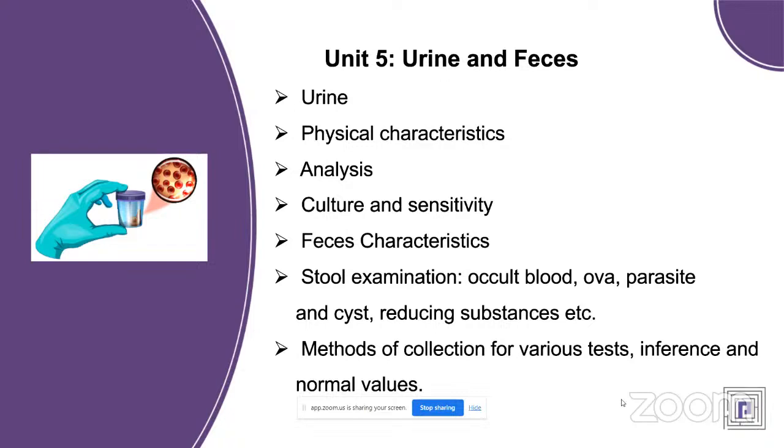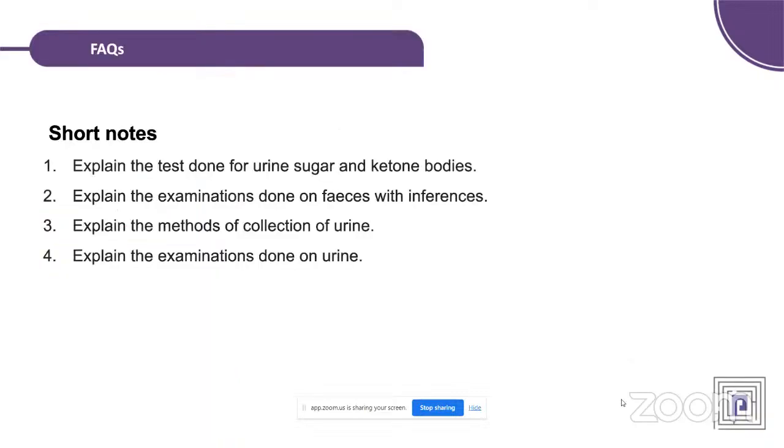All these parameters in the stool we are going to discuss in this unit, and how you collect the sample of the stool, the inference and normal values present in the stool. These are the basic topics we are going to discuss in this unit, right? And these are the most frequently asked questions in this unit.